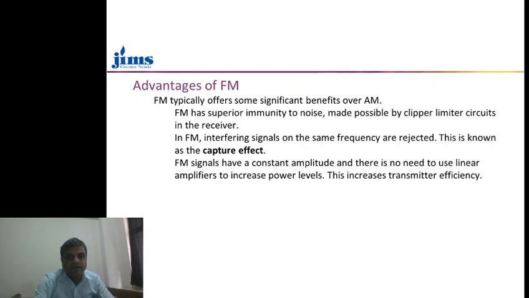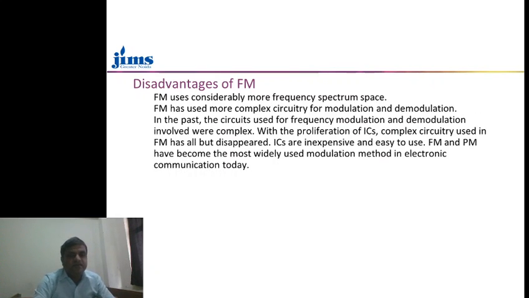Immunity can be achieved because interfering signals on the same frequency are rejected. FM signals have constant amplitude, and there is no need to use a linear amplifier to increase the power level. So these are the advantages. Similarly, the disadvantages: it requires more spectrum and more complex circuitry. In the past, circuits used for frequency modulation and demodulation were very complex.